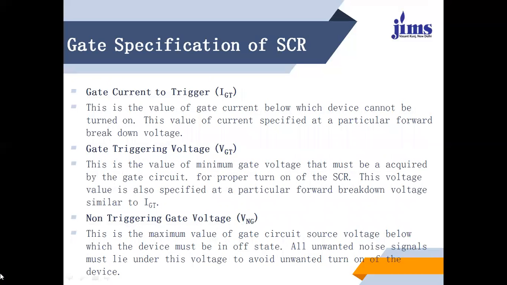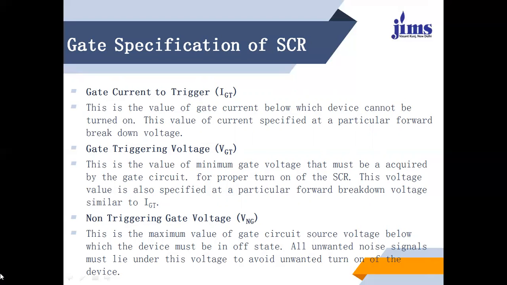Next parameter is the gate current to trigger. This is the value of gate current below which the device cannot be turned on. This value of current is specified at a particular forward breakdown voltage. Gate triggering voltage. This is the minimum gate voltage that must be supplied by the gate circuit for proper turn on of the SCR.